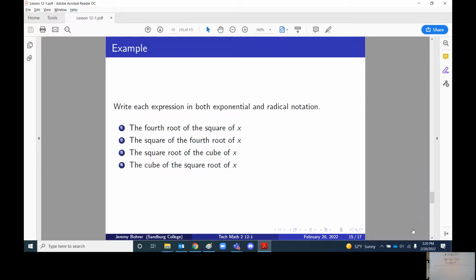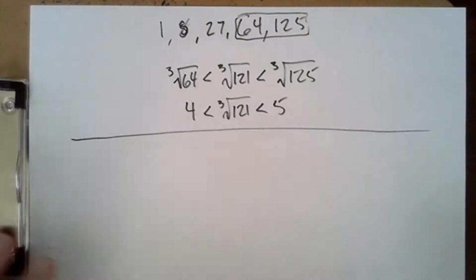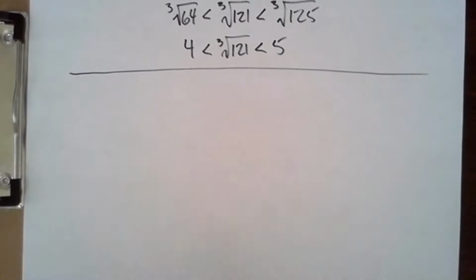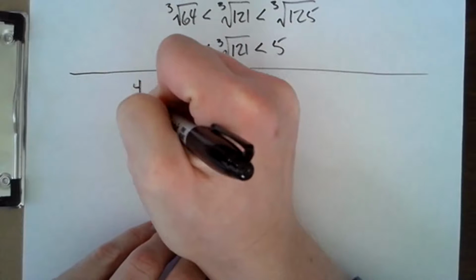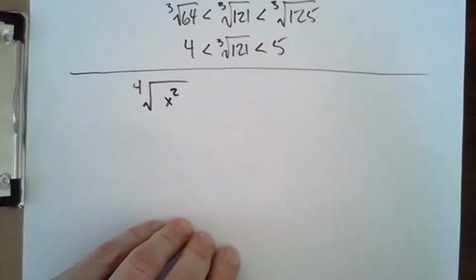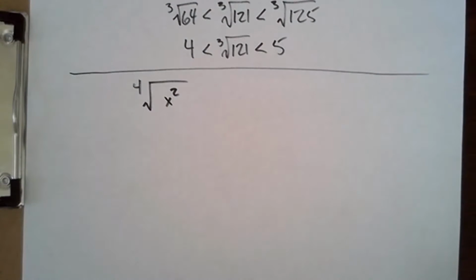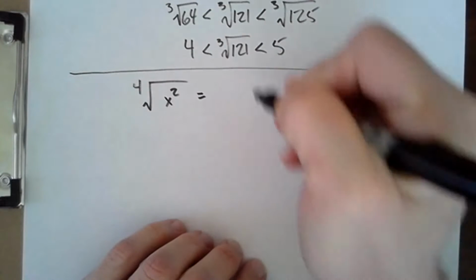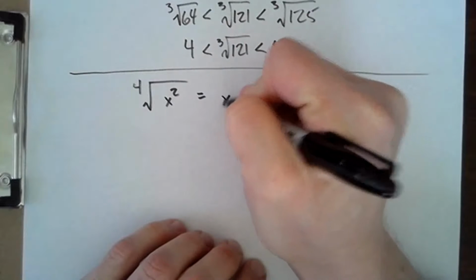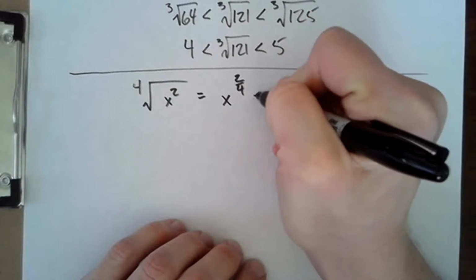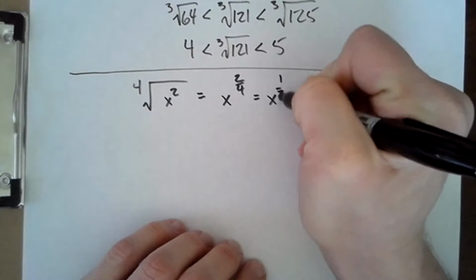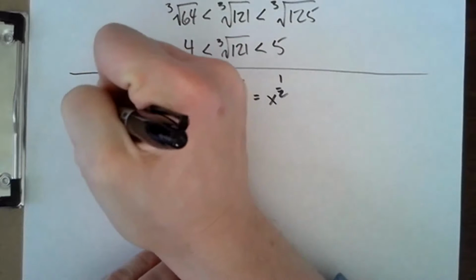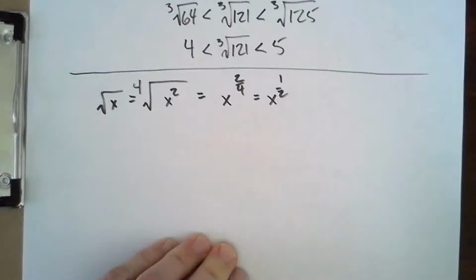Use the same page, save some paper. Okay, so the fourth root of the square of x. Well, there's going to be the fourth root of x squared, like that. But that's equivalent to x to the 2/4 power, which is the same as x to the 1/2. So this is also equivalent to the square root of x.